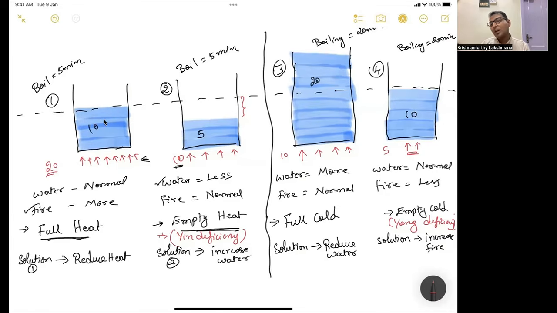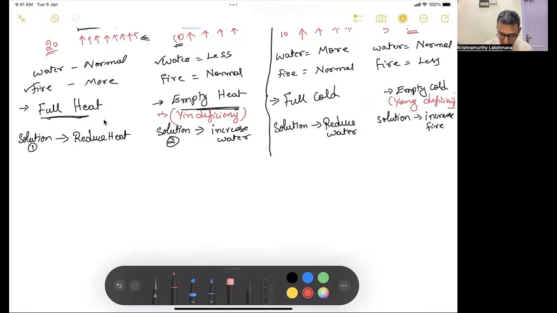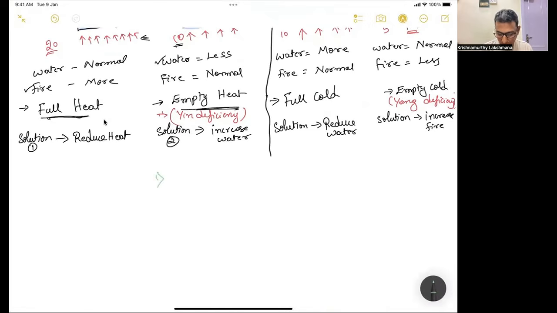less. Reduced. Okay, so if the water content in the kidney is less, we call this kidney yin deficiency, I mean empty heat. If the water content is less in the heart, we call this heart yin deficiency.